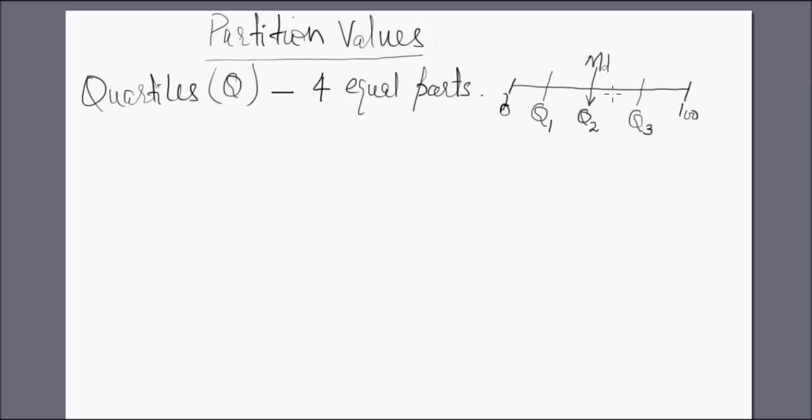Okay, now as we have seen that even median is a partition value, the treatment of calculating a partition value from a given set of data is the same as that of median.